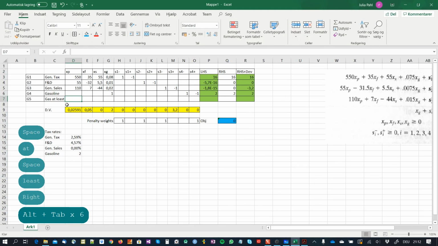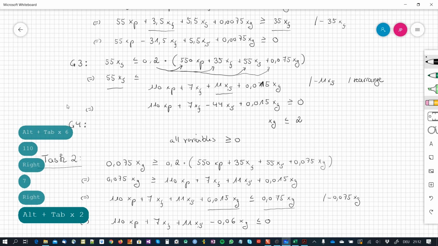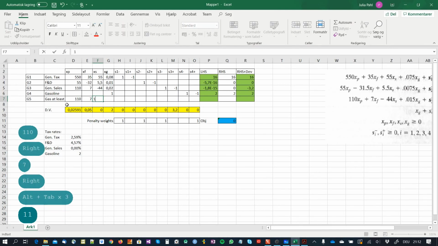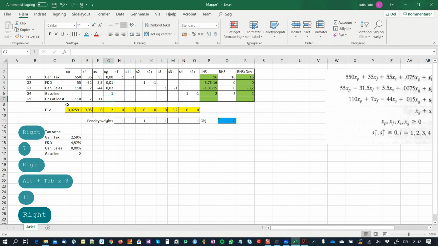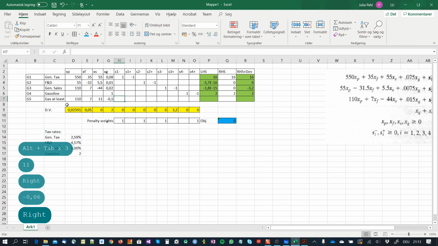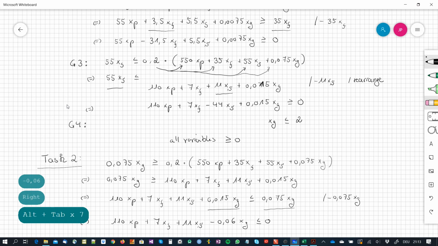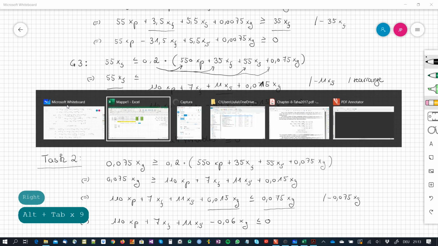So 110 plus 7. Now it is plus 11, and it was minus 0.06 for xg. And for the derivational variable now, it is a smaller or equal to.